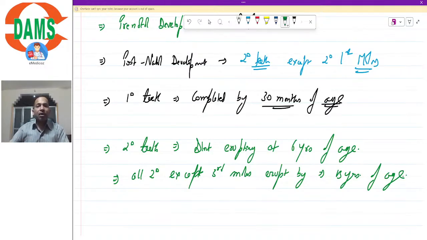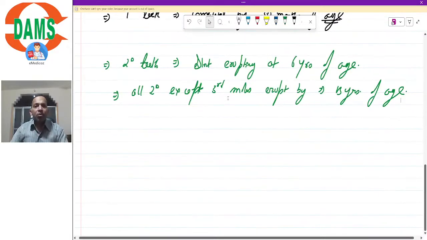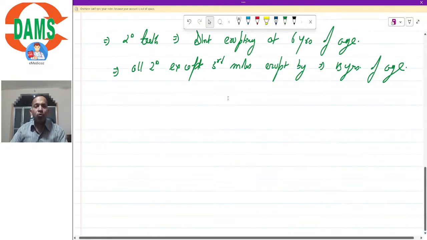So there is a difference in the eruption. This was some information about the chronological stages that we have already studied, so we don't need to go through it again.